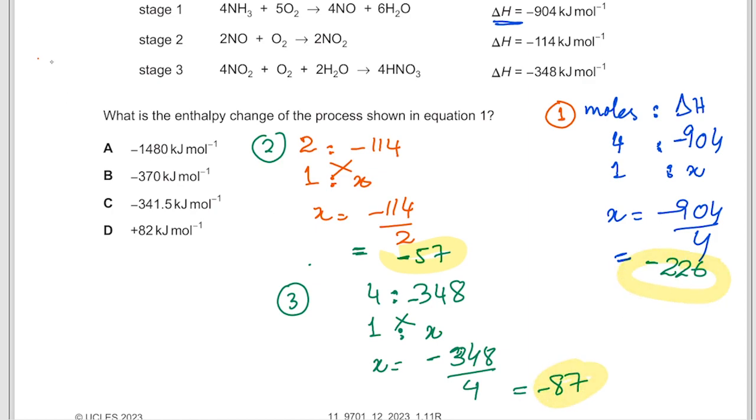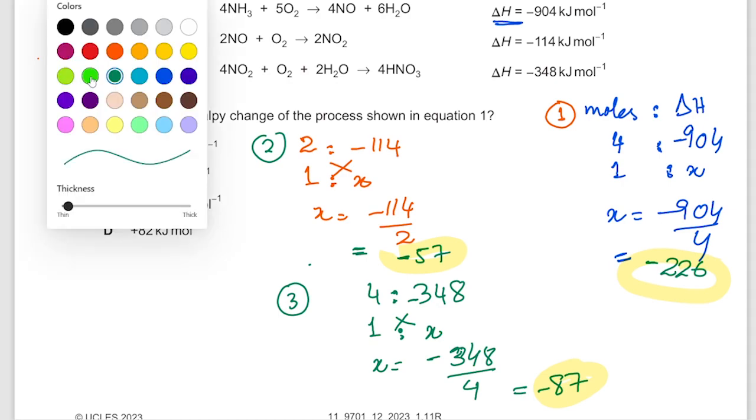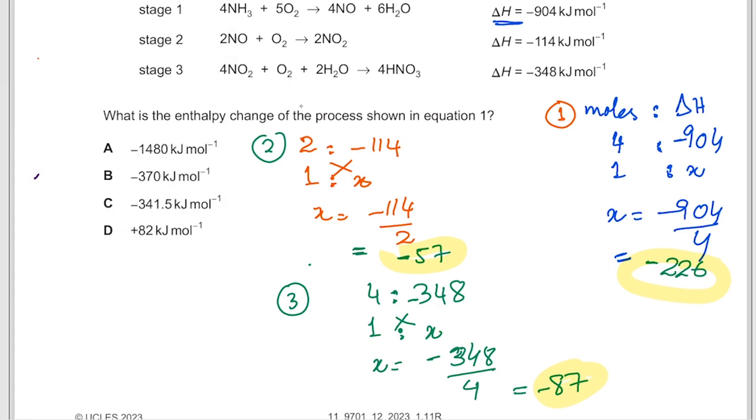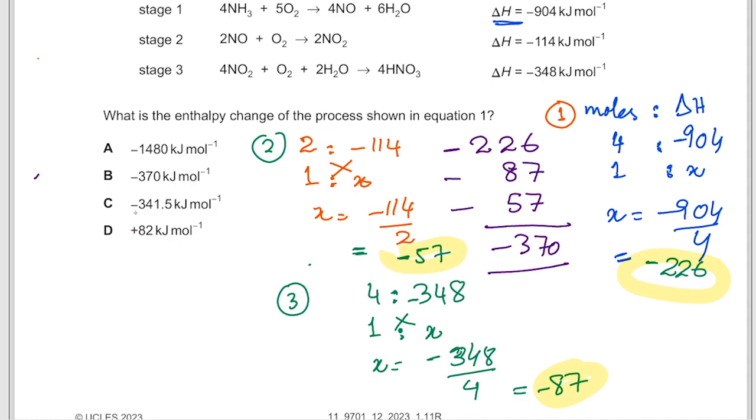In the next step we will add up all of these values: minus 226, minus 87, minus 57. What is the answer for it? Minus 370. Okay, minus 370 kilojoule per mole will be our answer.